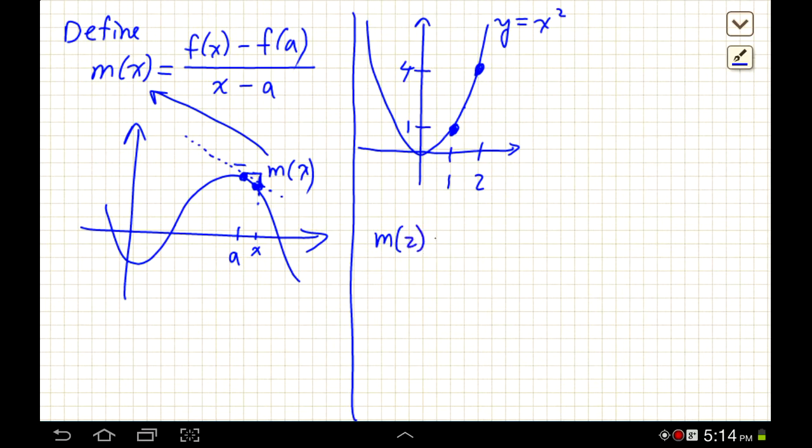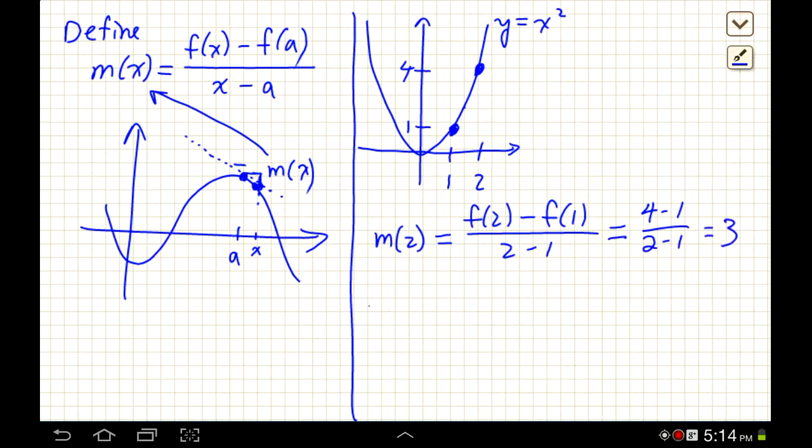So if we pick x to be 2, the rise over the run is 2 squared is 4, so 4 minus 1 over 2 minus 1, which is just equal to 3.